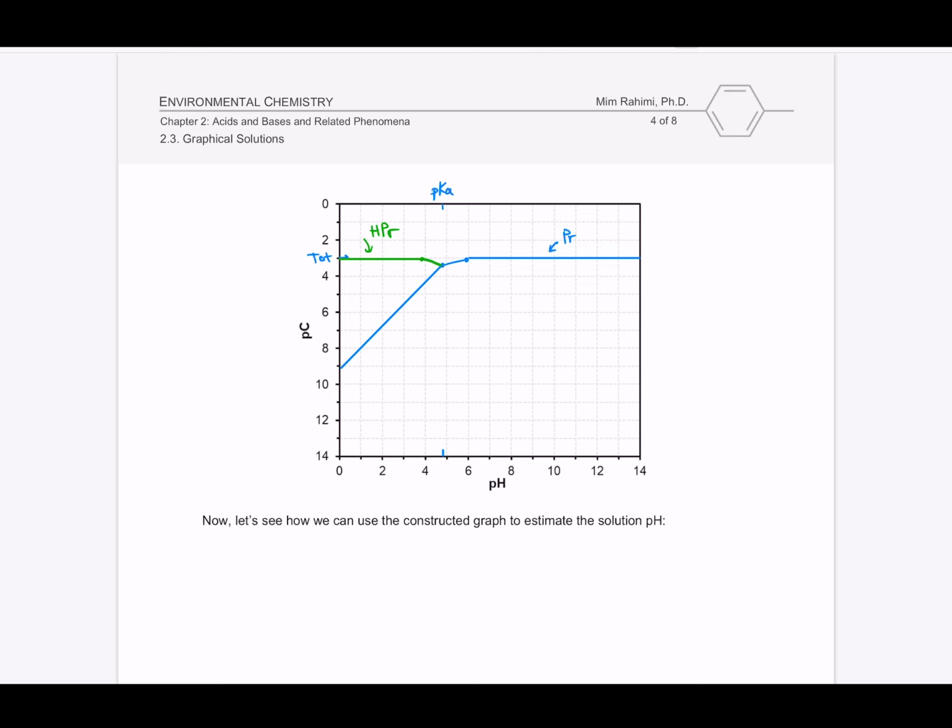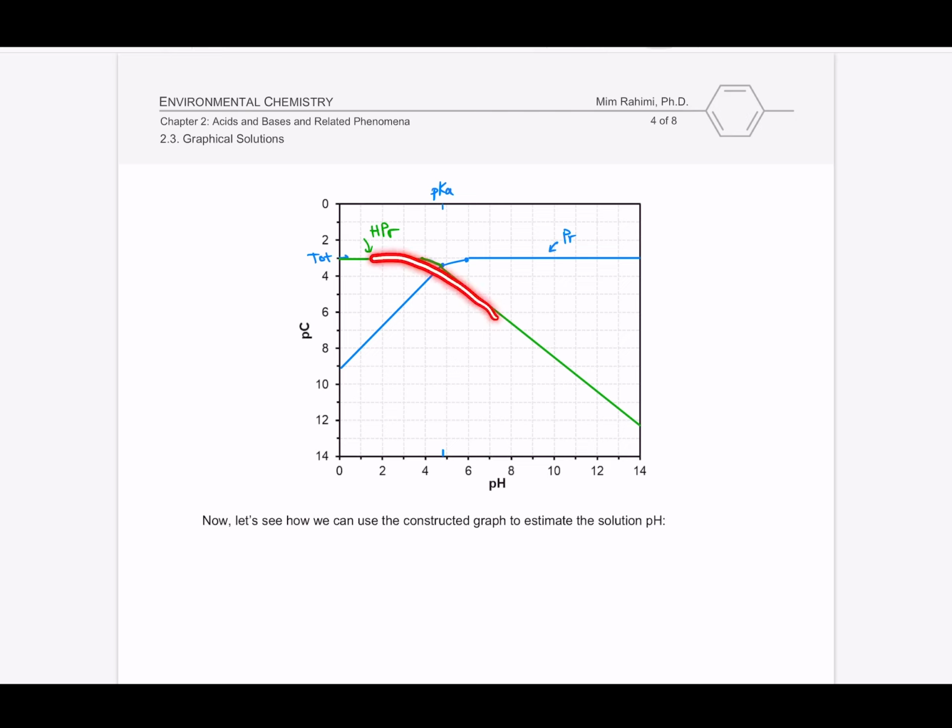So this is the complete trend for PR as a function of pH. As I mentioned, the same logic we can apply in order to get to HPR. So just assume this is 0.1 or -1, the slope.